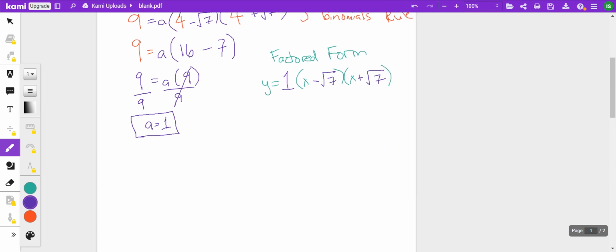Okay. Now, in order to get to the standard form, we expand, i.e. FOIL, to get standard form. Now, before we go on, let's pause and ask ourselves, is the a value of 1, does that make sense? And it does.